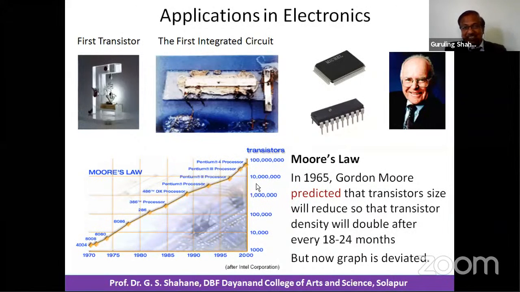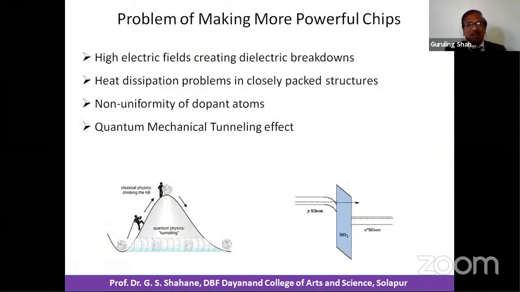But nowadays that graph has deviated. It is rather difficult to reduce the size of electronic components. Why? There are some problems in reducing their size. As we go on reducing the size, there is a possibility of dielectric breakdown as the distance becomes very close. Another effect is heat dissipation.